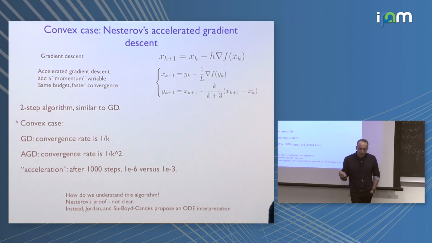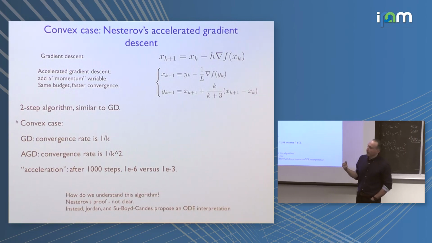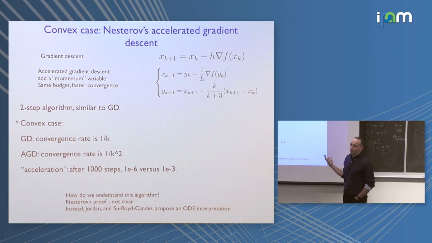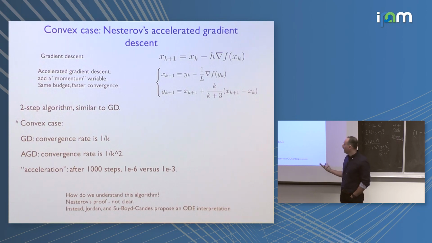Now, what's weird about this algorithm is Nesterov in his book proves it, but he proves it using a method of estimation sequences, which gives you no intuition and hasn't been used in any other way. He also proves lower bounds that you can't do better.